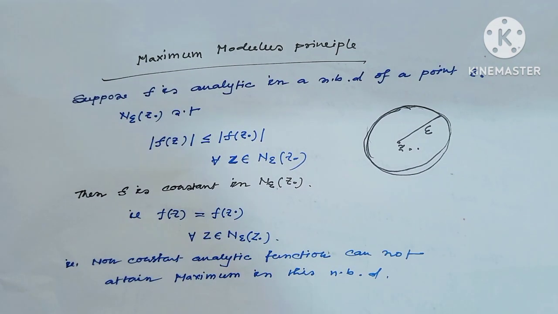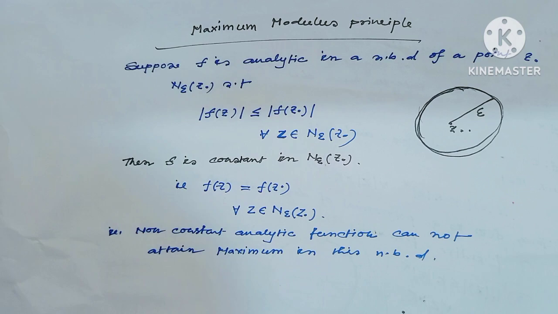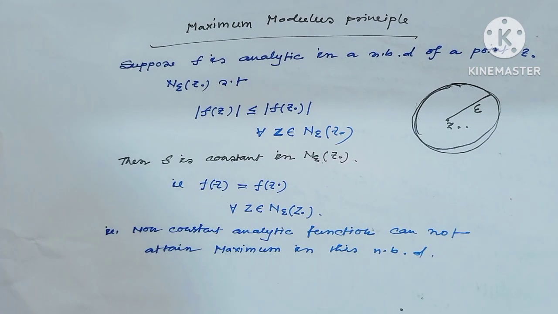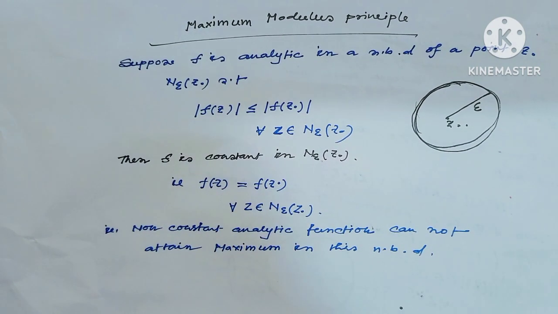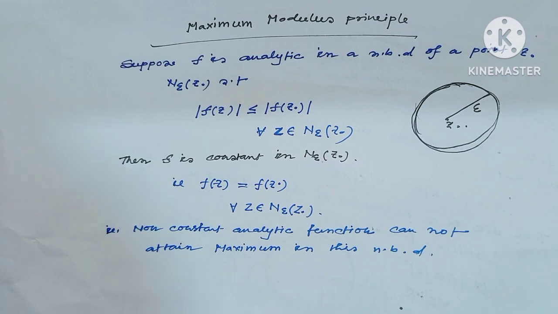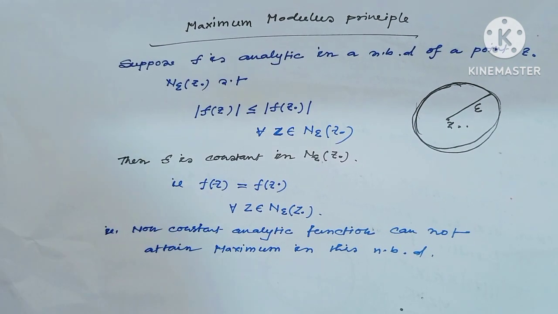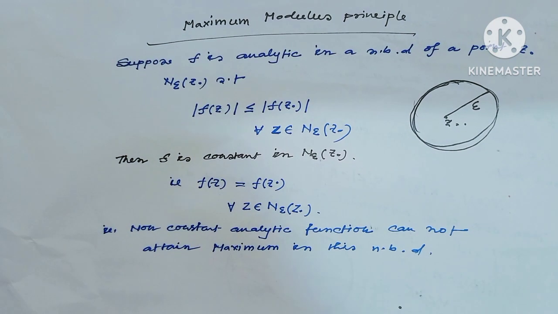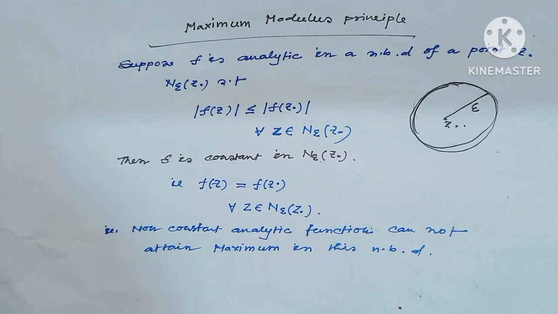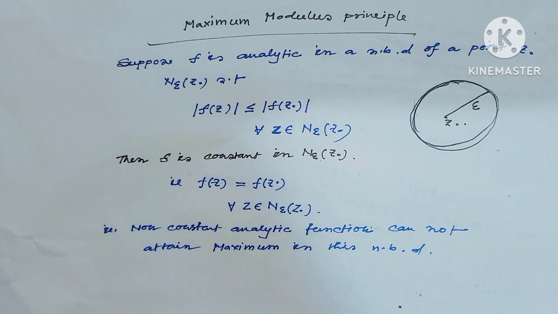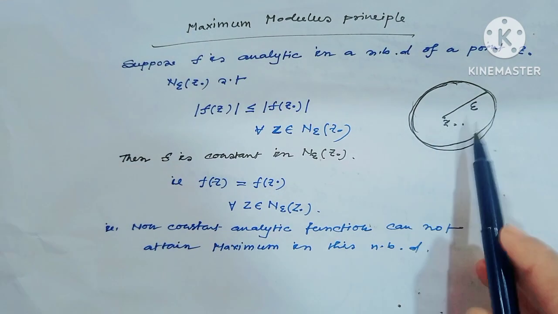Then f is always constant in this ball. That means f(z) equals f(z0) for all z belonging to N epsilon of z0. That means a non-constant analytic function cannot attain the maximum value in this neighborhood.